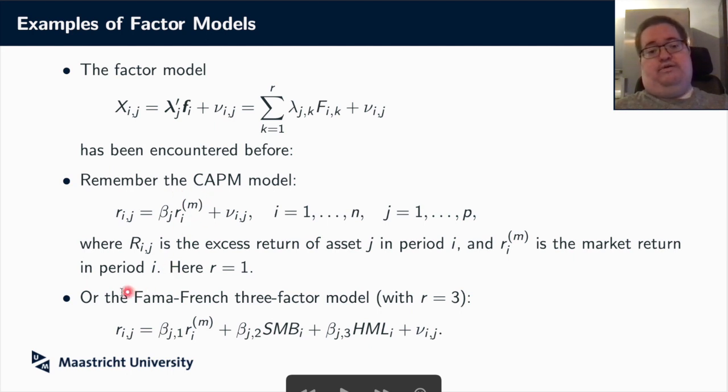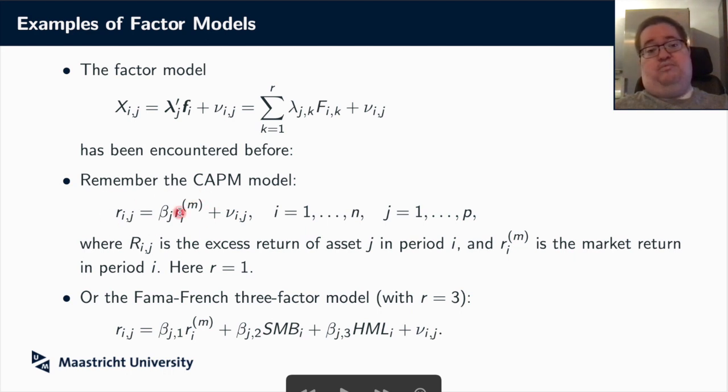You can extend that to a very popular model in finance, the Fama-French three-factor model, where next to the market we also add the factors SMB and HML. And this has been extended to 4-factor, 5-factor, or how many factors you actually want, and all sorts of combinations. Now, if the factors are observed as in these models, this just becomes a standard regression model.